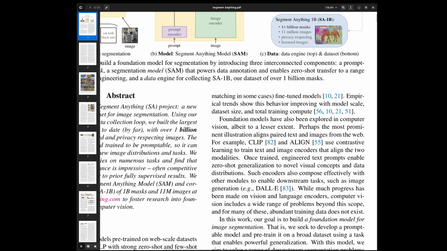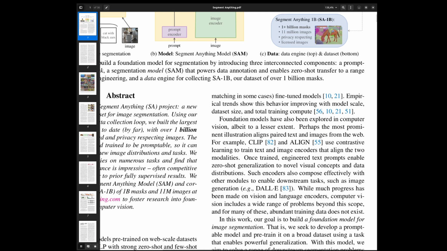Perhaps the most prominent illustration aligns paired text and images from the web. For example, CLIP and ALIGN use contrastive learning to train text and image encoders that align the two modalities.